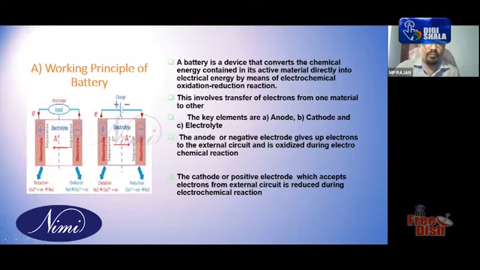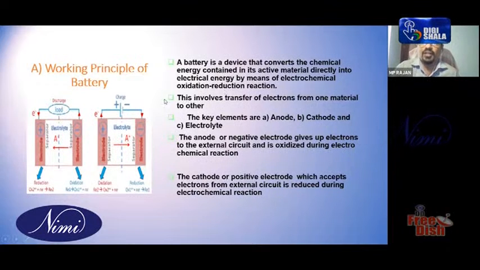This process we call oxidation and reduction. So when you are connecting the battery to a load, electrons are going from the negative electrode, the anode, to the positive electrode. The cathode is accepting the electrons. So this is an oxidation reduction process.